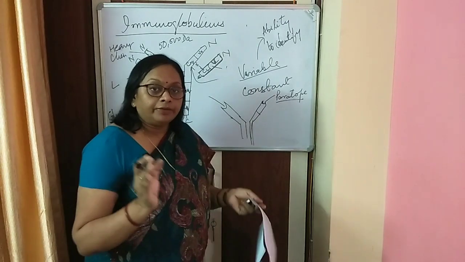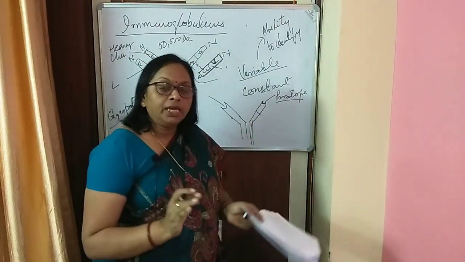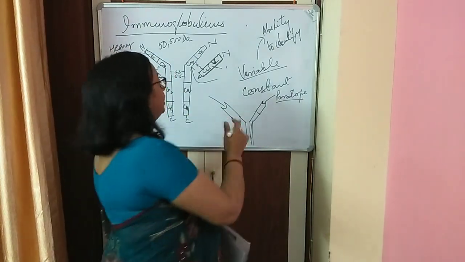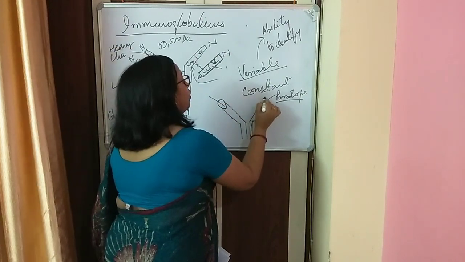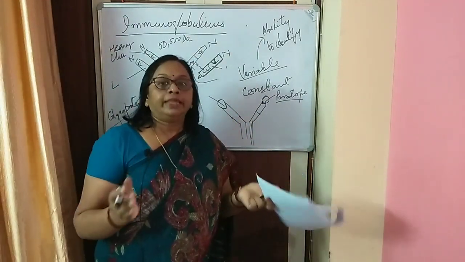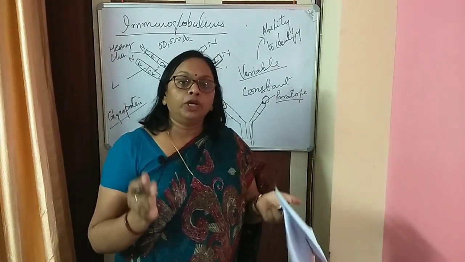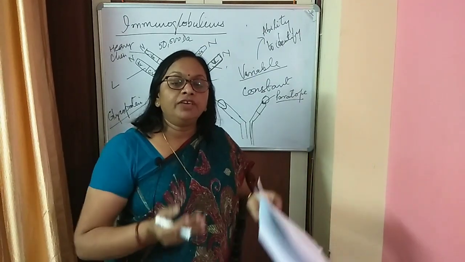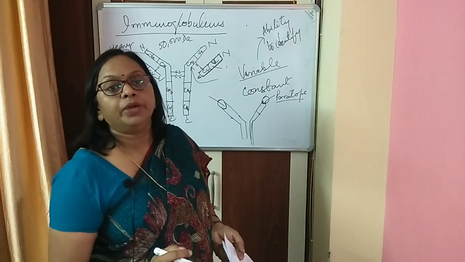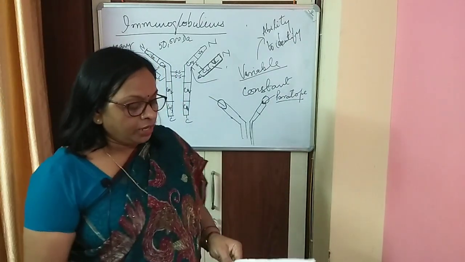When the antibodies are formed, they bind with the circulating antigens which have entered from outside, and make the antigen antibody complex easily phagocytosed by the phagocytic cells, so the infection can be cleared from the body. That is the main purpose of the immune system.